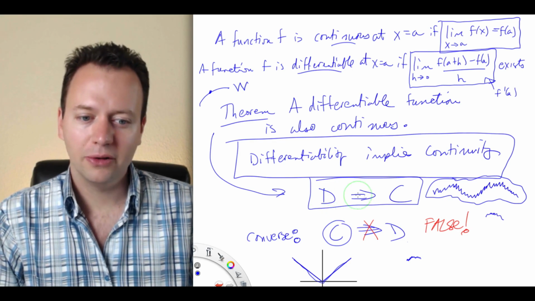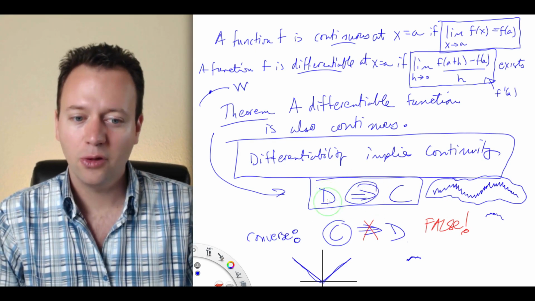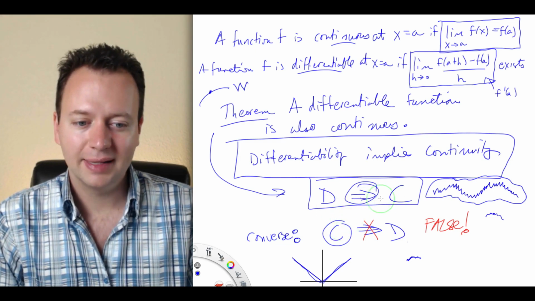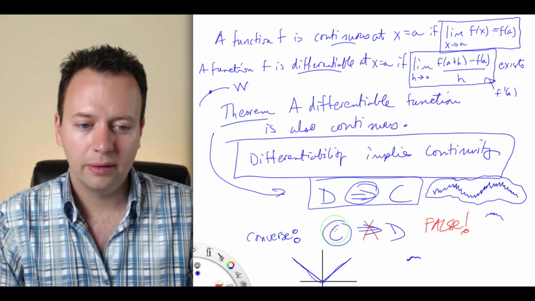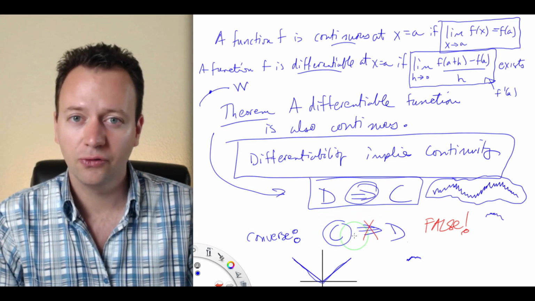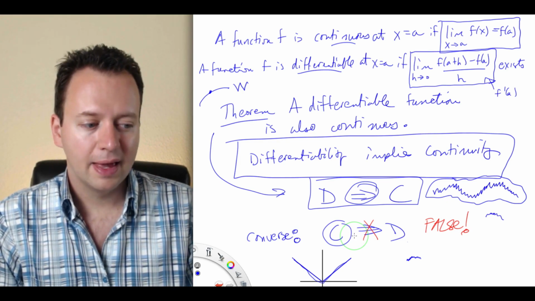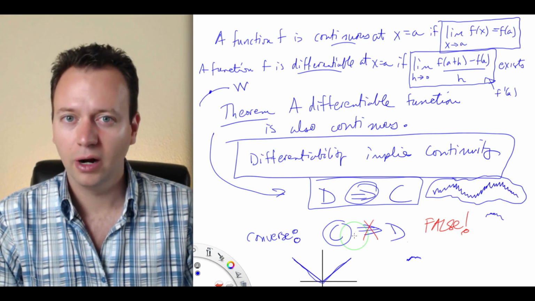In general, you always have to pay attention to which way the logical implications of a theorem work. Another practical example of the converse statement not being true is the following. Suppose that you were to say: if my car is out of gas, then it is not running.